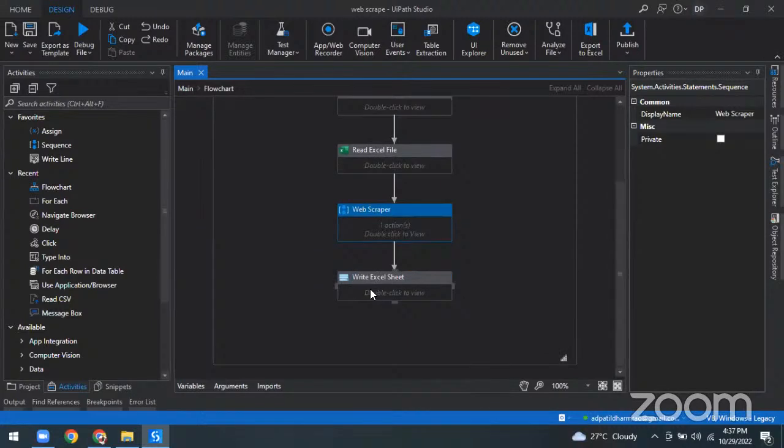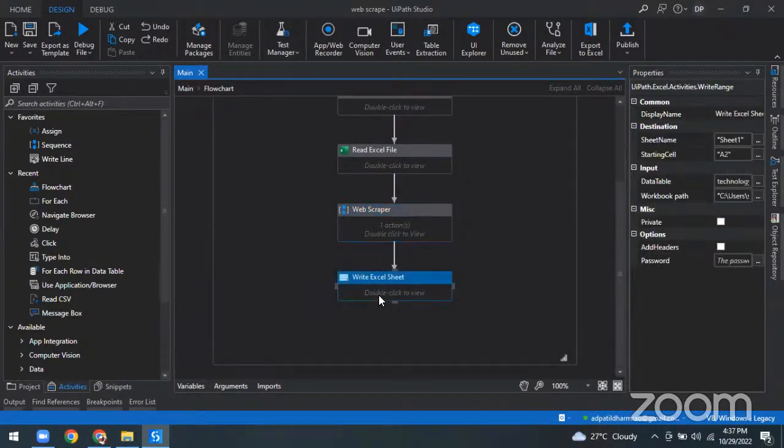After that, we write to the Excel sheet, ma'am, for the output.